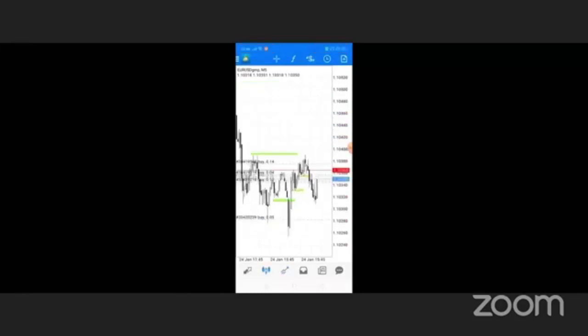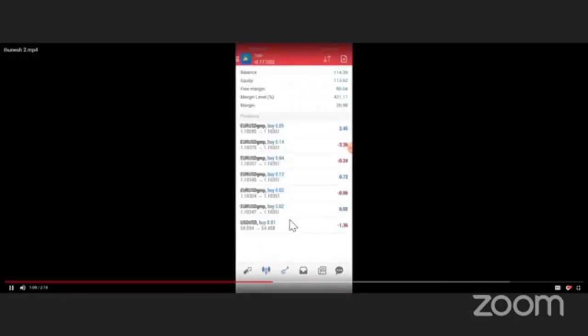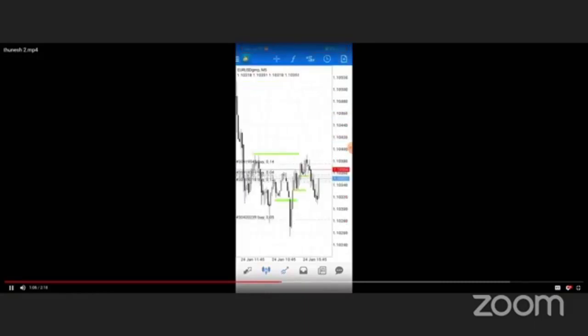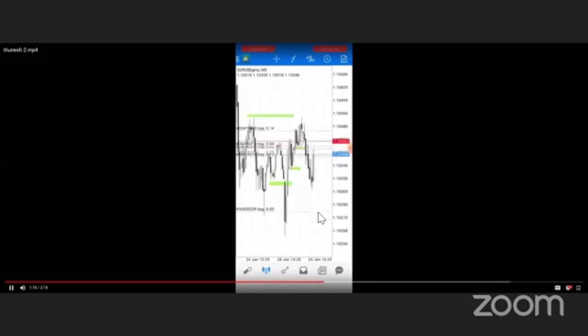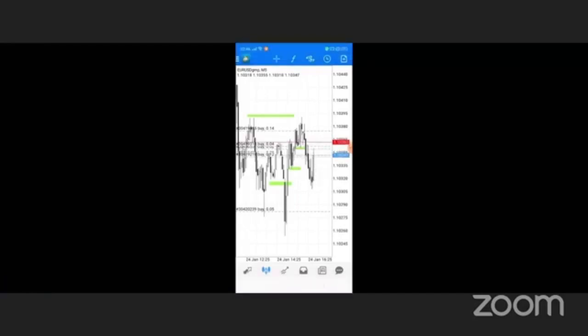Okay, look at this. See, there's a sign of bias pushing the price, but it's not moving anywhere.